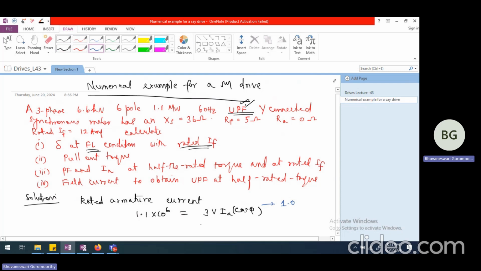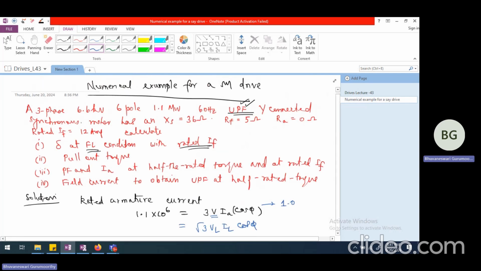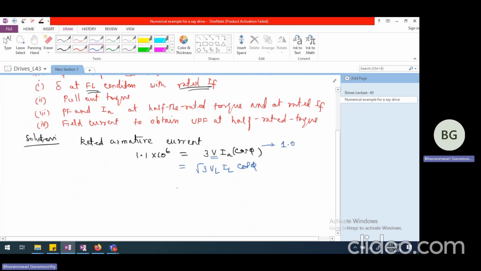If we talk about per phase voltage, it is 3 V I cos phi; otherwise, we say root 3 VL IL cos phi, line current and line voltage. That is also fine. Here it is a star connected machine with 6.6 kilovolts. So we can write this as root 3 times 6.6 multiplied by 10 power 3 multiplied by IA.